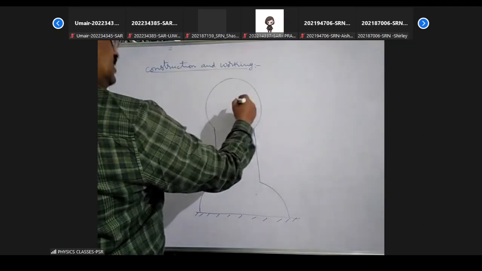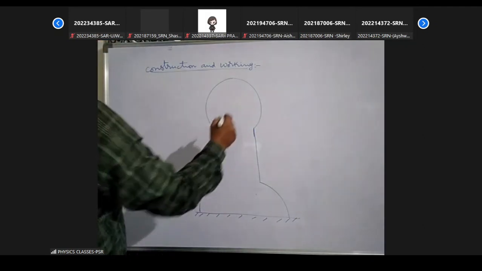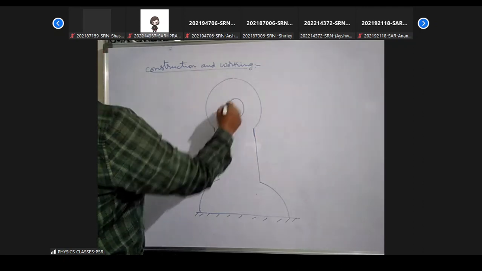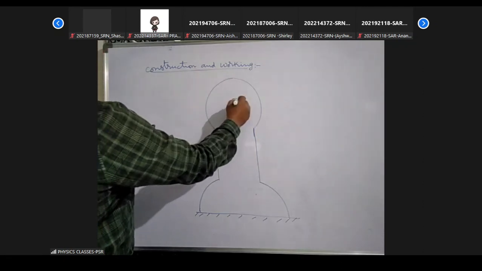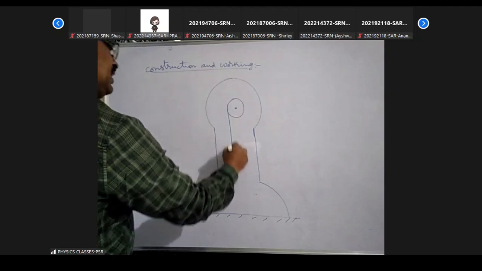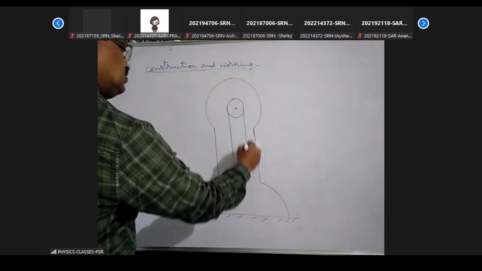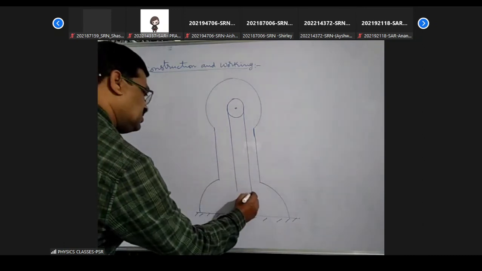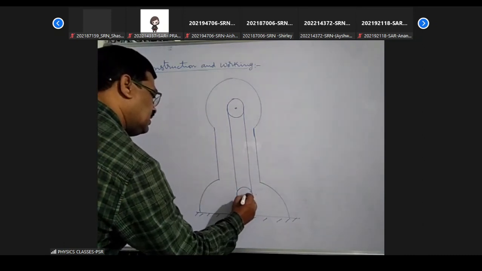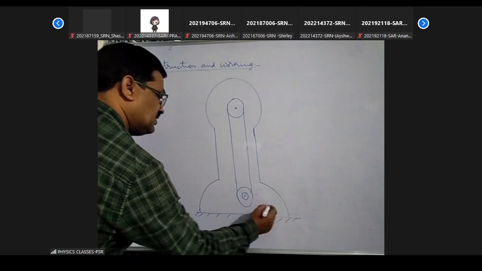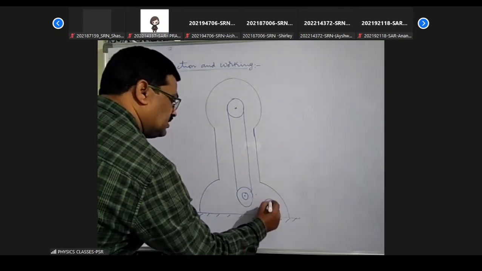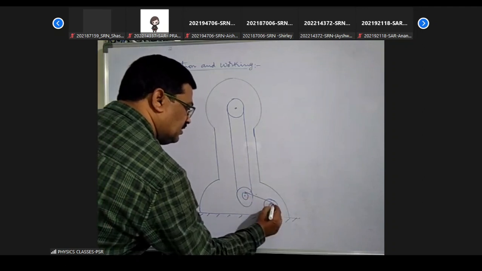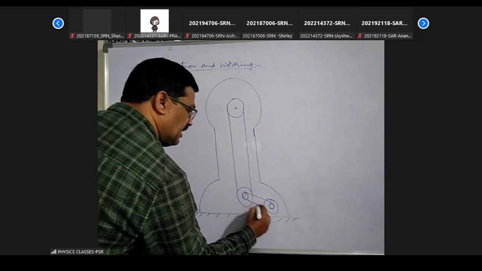Here it has a wheel, a pulley. A belt is attached to another pulley arranged at the bottom of this arrangement. It has an inner pulley also. This is a motor, and it is connected by another belt like this.